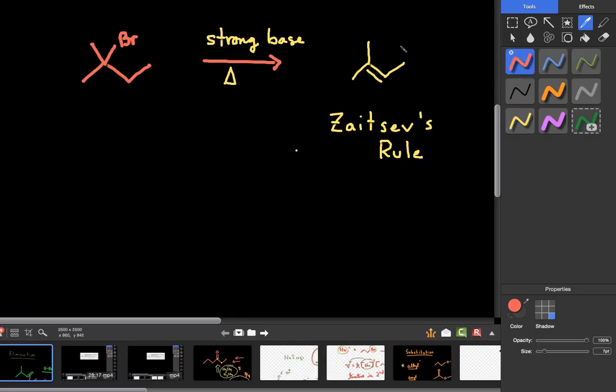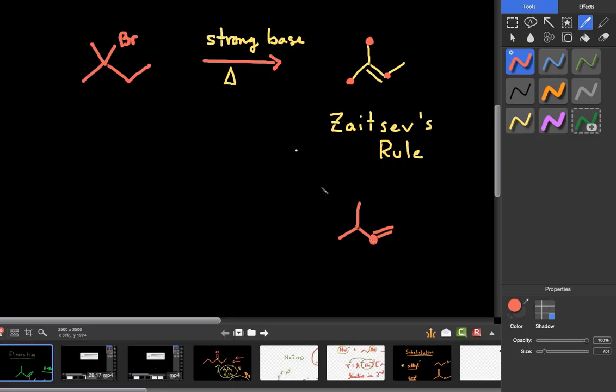Notice in this case we're talking about 3 of the 4, which would certainly be more stable than if we considered this molecule, for instance, which only has 1 alkyl group bonded. So we'll get an alkene as our product.